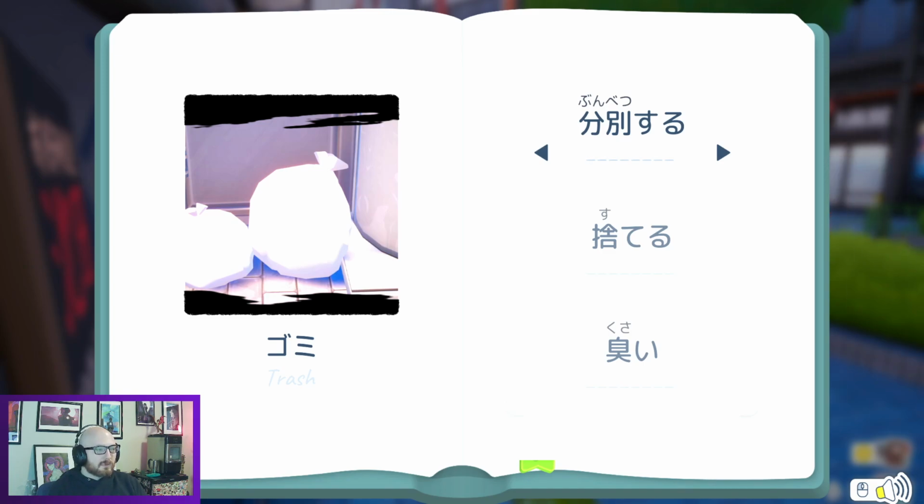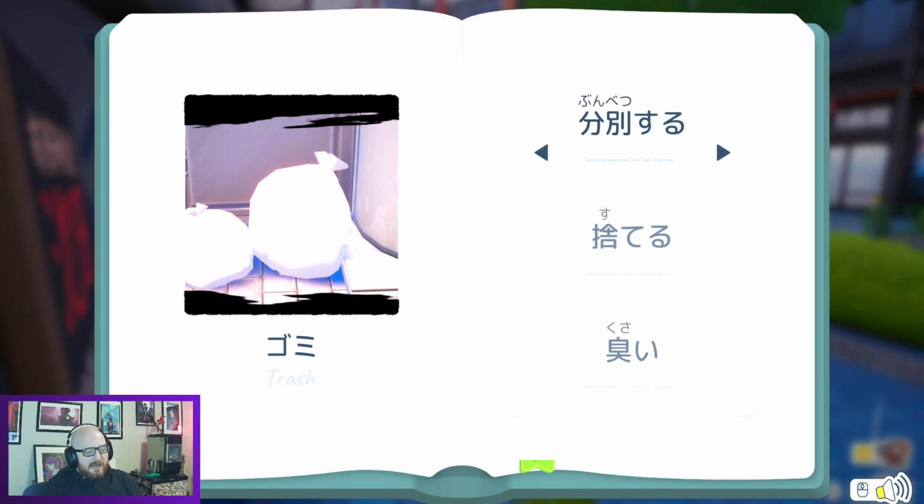分別する When we said bunbetshimasu, because this is a suru verb, like we said earlier. So in Japan, all trash, zenbu gomi. Zenbu is all, gomi is trash, which is the word that we're covering up here, and then bunbetshimasu, which is the conjugation of a suru verb.